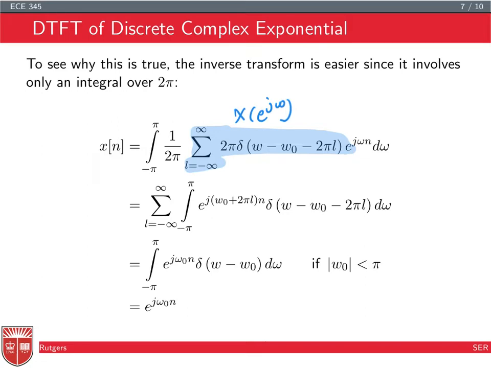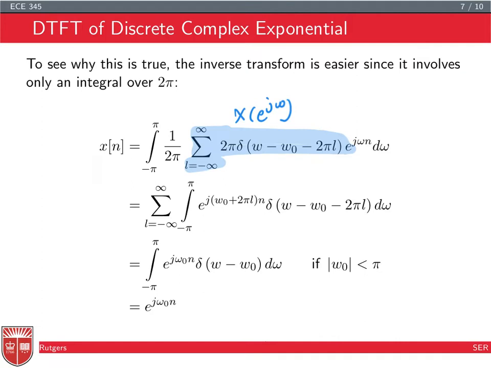Again, I'm just applying the inverse DTFT formula. You have to be careful here, the rest is just calculations. You can bring the integral inside the summation, and simplify by the 2 pi. So you get the sum over L from minus infinity to plus infinity of the integral of this whole thing.